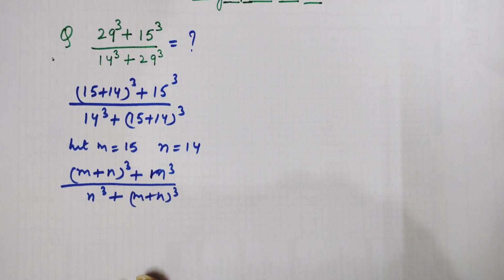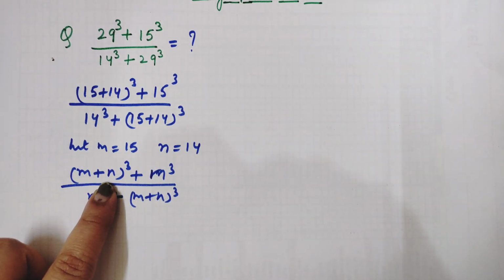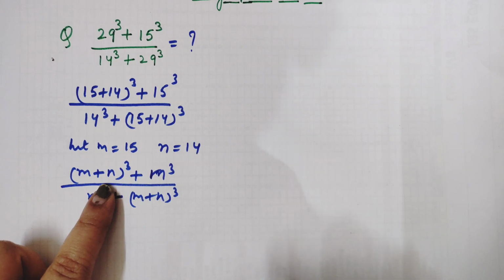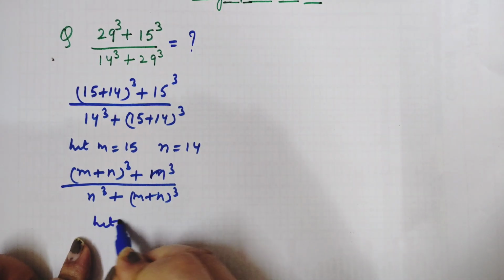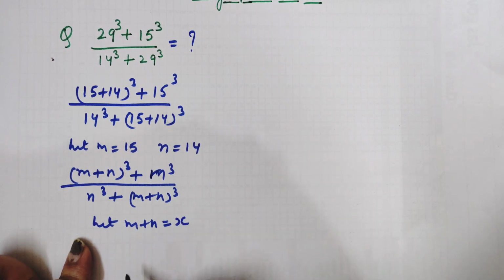Now you can see this is the variable form in which m and n are unknown variables. After that, let m plus n equal x.